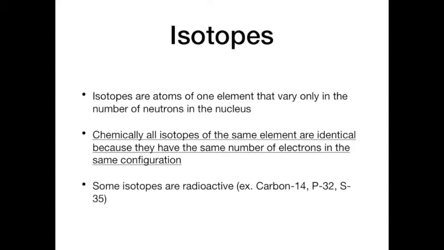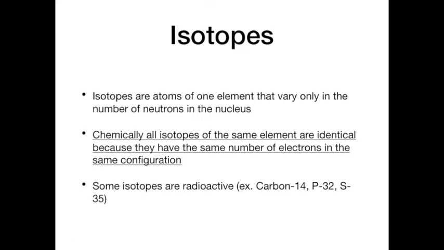Why? Because they are part of the same element. And an element, in the elemental state, has a stable number of electrons and protons. But they don't have the same number of neutrons. But that would not affect their properties.